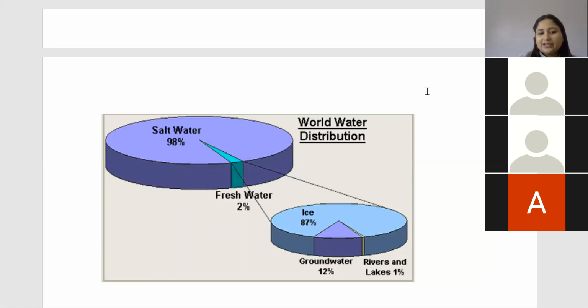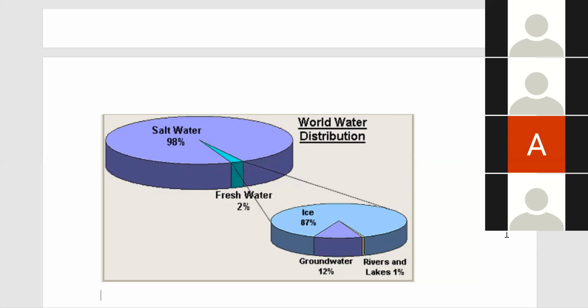So other than that, 98% of the world water is salty. You understand how it is depicted, right? So just look inside and prepare an answer and come up with your answer.